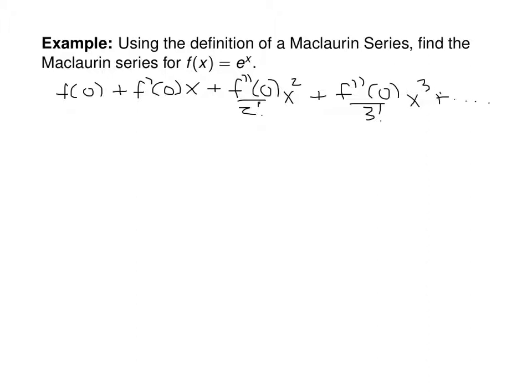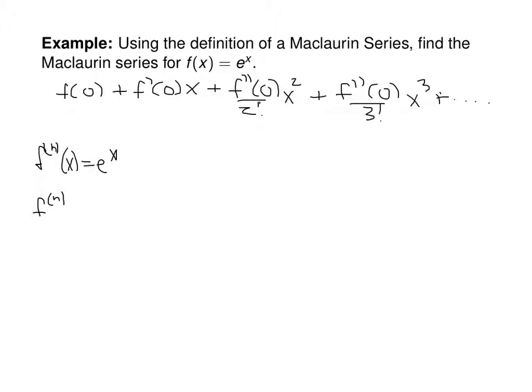So we're going to use that to find the Maclaurin series for f of x equals e to the x. Now notice that the nth derivative of e to the x is always equal to e to the x, no matter what. It's like the first derivative is e to the x, the second derivative is e to the x. So the nth derivative, f^(n) of x, is equal to e to the x.